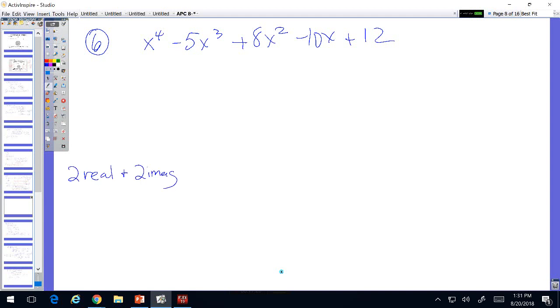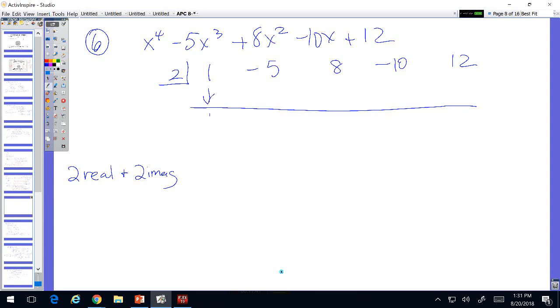Now, what if I phrased it differently? What if I said find all of them? The 2 real ones were 2 and 3. So, 2. 1, negative 5, 8, negative 10, 12. Bring it down.